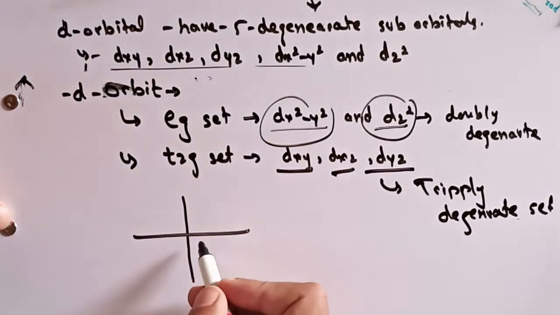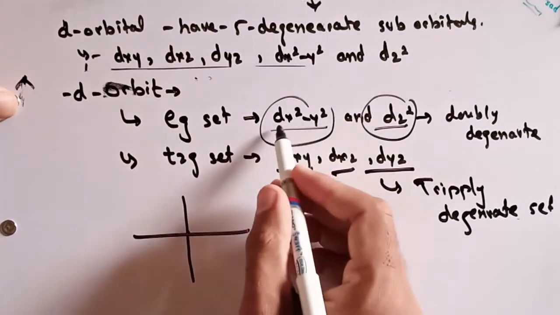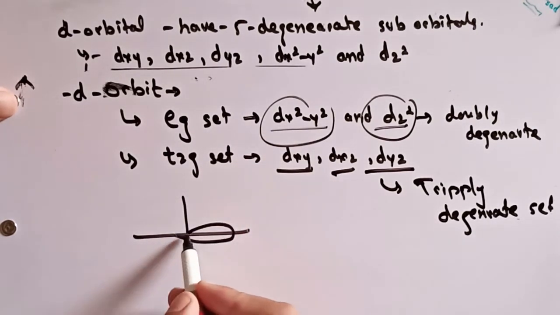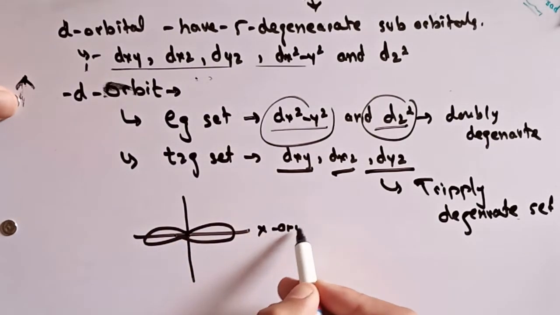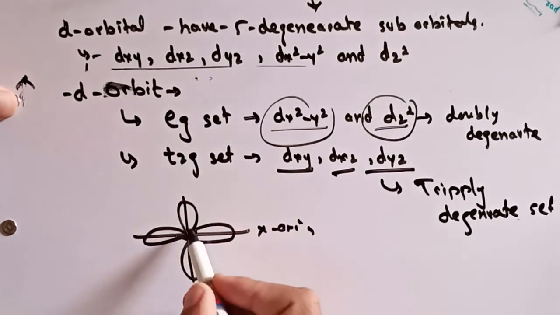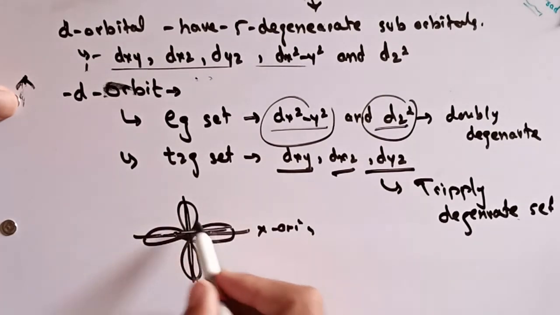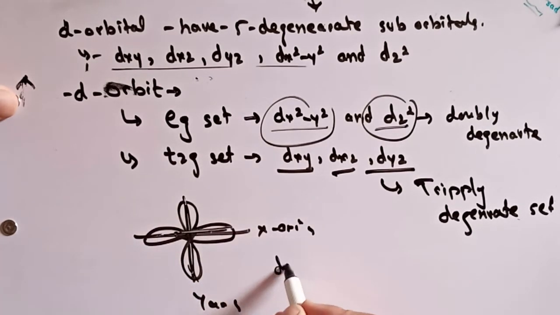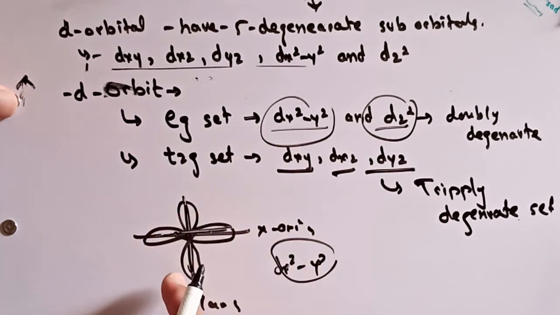In that video I told you that the dx square minus y square orbital lies along the x-axis and y-axis: that is one lobe and that is another lobe. This orbital is called dx square minus y square, and the d orbital has a double dumbbell shape.